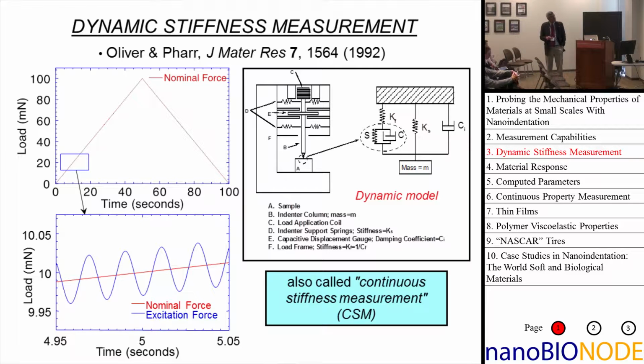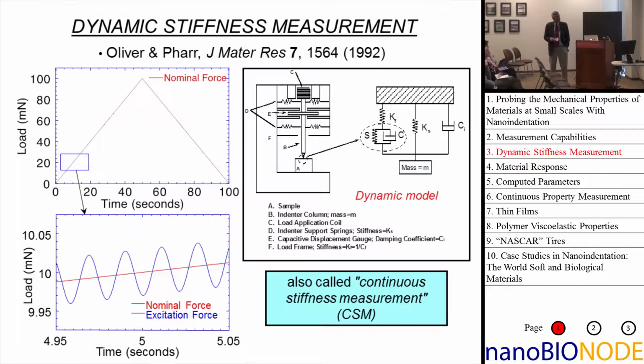And the basic idea then is this, that in a normal nanoindentation experiment, what we do is we load up and then we unload. So a load time history looks something like that. But there's an alternative technique that's implemented with things called phase lock amplifiers or lock-in amplifiers, and many of you know what those things are, which becomes a dynamic measurement. And essentially what you're doing in this technique is that as you're increasing the load in a linear way, you put a small oscillating sinusoidal signal on top of the load signal.